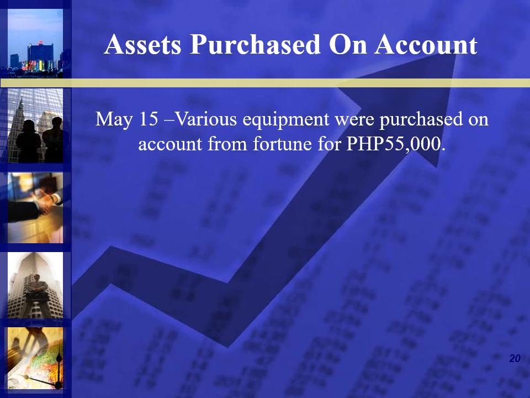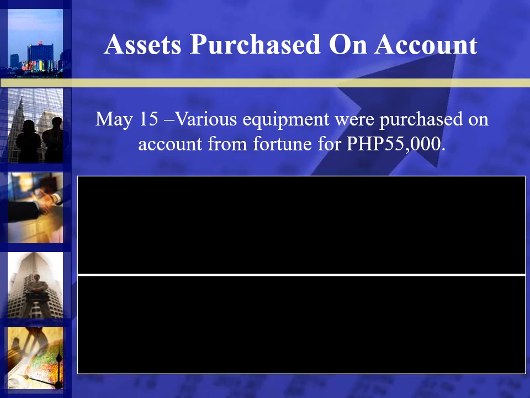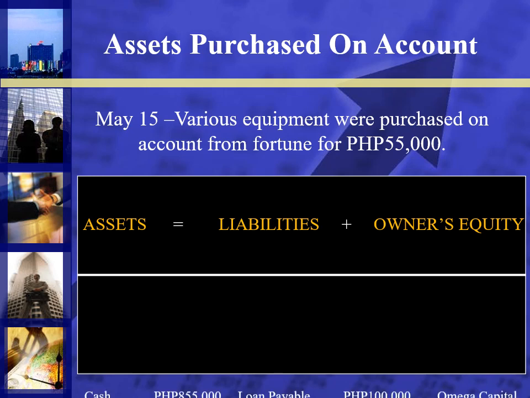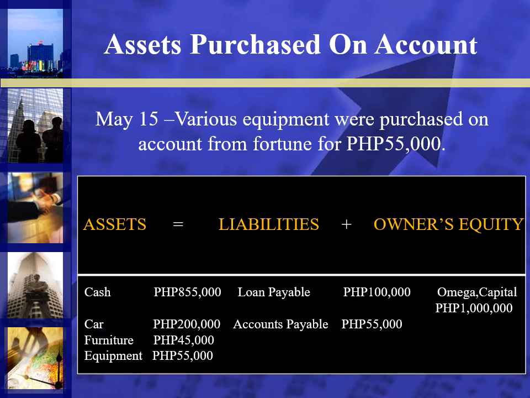Asset purchase on account, that's it. Equipment was purchased on account from Portion for 55,000. That is already reflected. Yes. Can you do it? Anybody? Okay, here. Accounts payable increased 55,000.